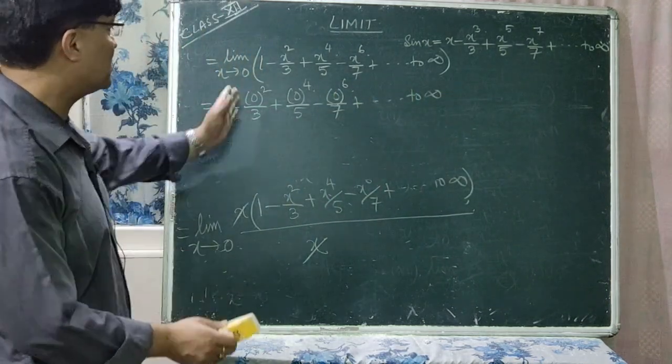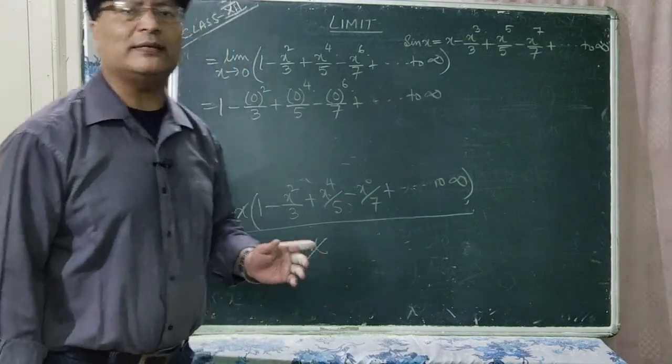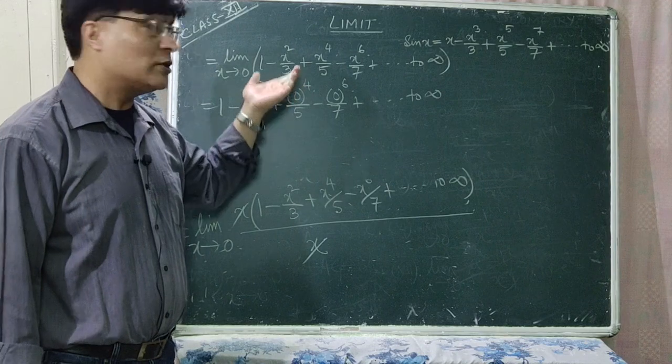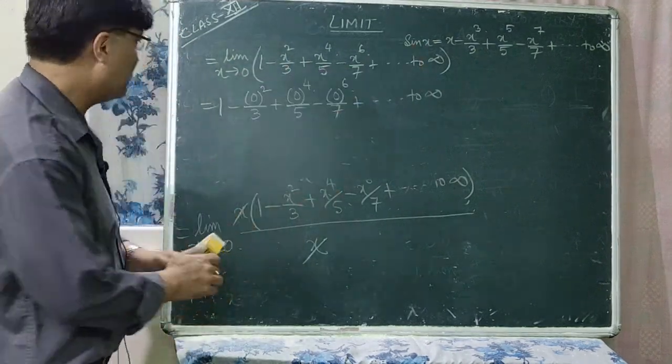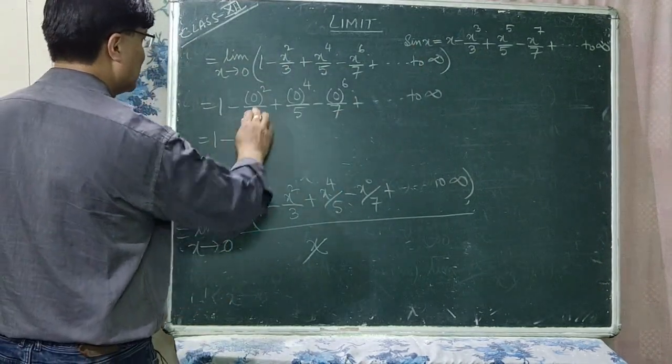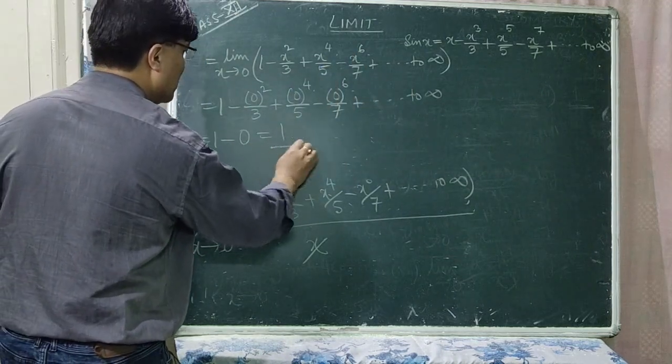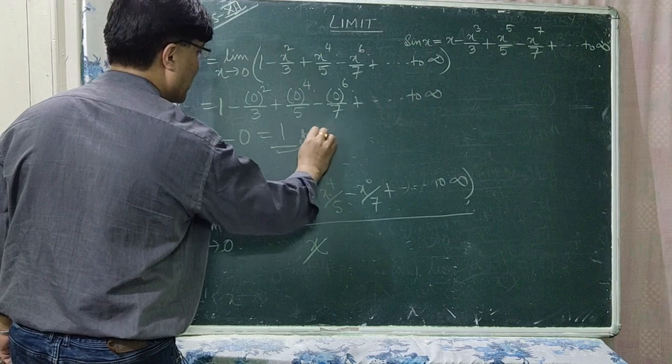That means after the first term all the terms will contain x, and the limiting value of x is 0, so you can put x is equal to 0 there. So it is equal to 1 minus, and all the remaining terms will be 0. So what is 1 minus 0? It is equal to 1.